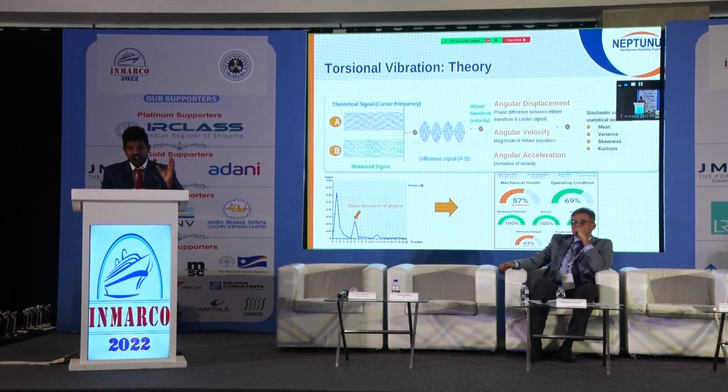So for quantification we send the data into the time domain, and for identification we send it into the frequency domain. You can see here there is a major harmonic which indicates the mounts problem. Depending on where the major harmonic comes in, the number of orders, we're able to identify that particular problem.